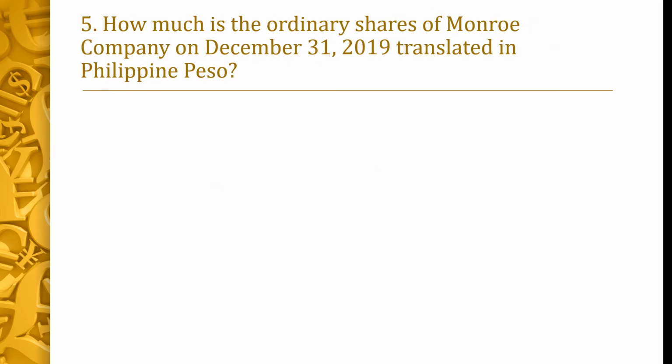How much is the ordinary shares of Monroe Company on December 31 translated in Philippine peso? Recall that in order to translate a contributed capital account, we will have to use the historical rate. Magkano ang ordinary shares in US dollars? 50,000. Magkano ang historical rate? Sir, ano ba yung historical rate?